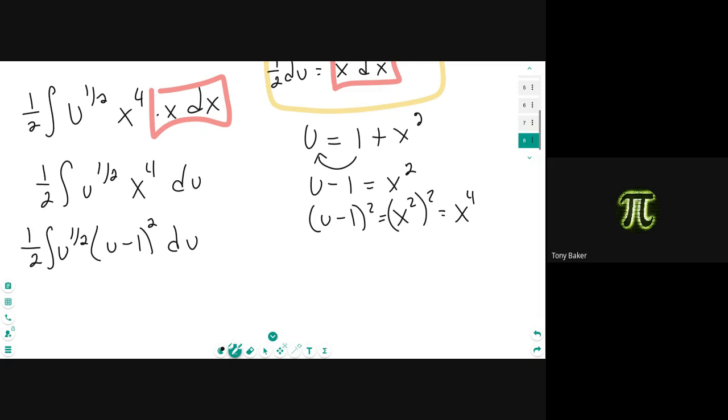Okay. FOIL that out, do your algebra, because the way it's written right now, you can't solve this problem. You need to FOIL it out, spread it out.